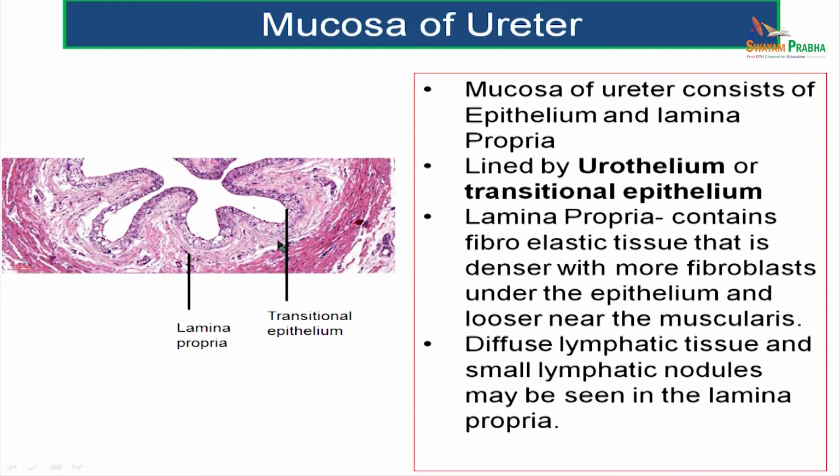The lamina propria contains fibroelastic connective tissue which is very dense close to the epithelium, with more fibroblasts. But near the muscularis, the loose areolar tissue is not dense. Sometimes you might occasionally observe diffuse lymphatic tissue and small lymphatic nodules in the lamina propria.